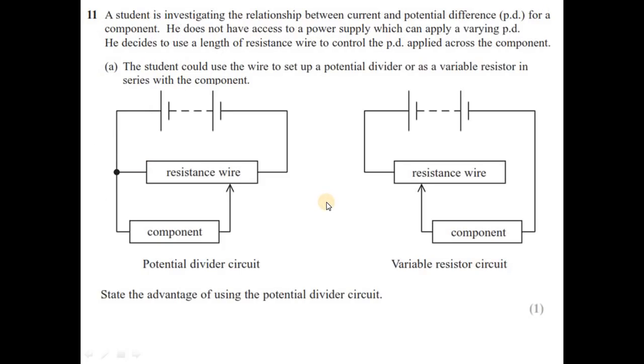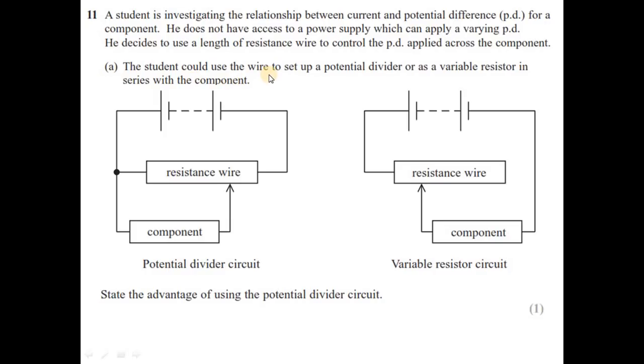Question number 11. A student is investigating a relationship between current and the potential difference for a component. He does not have access to a power supply which can apply a varying potential difference, or PD. He decides to use a length of resistance wire to control the potential difference applied across the component.